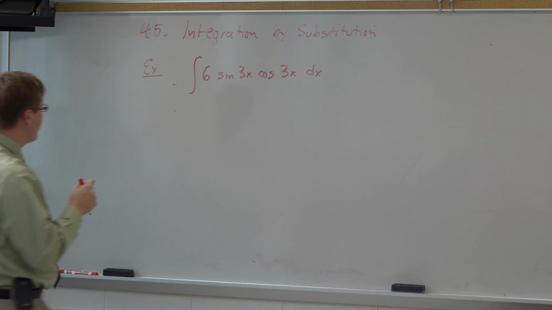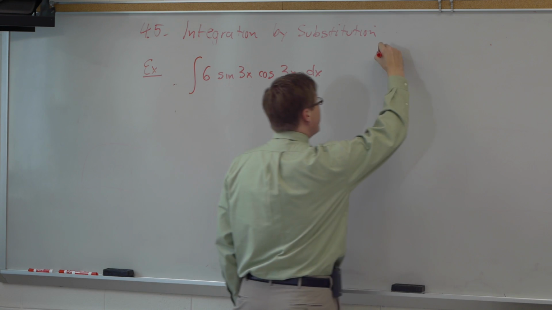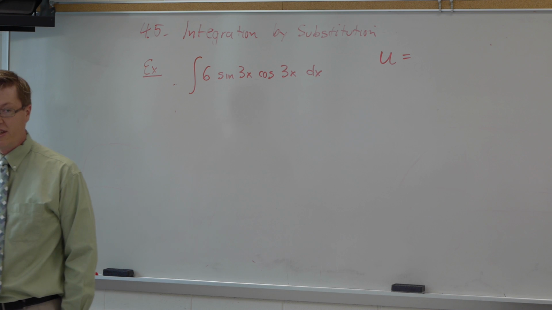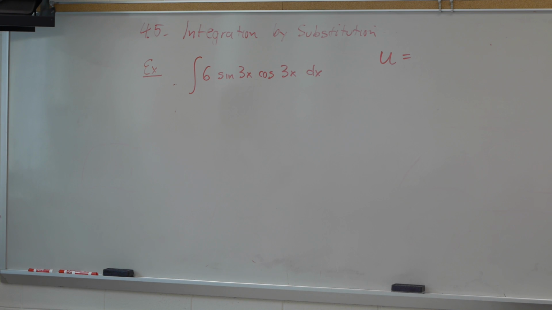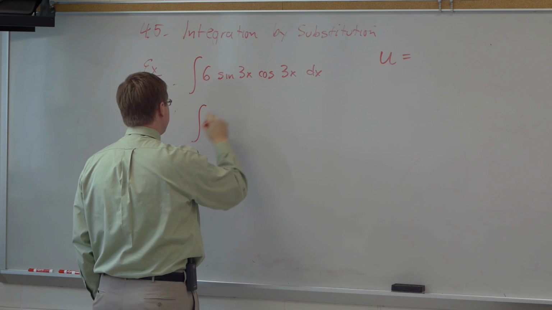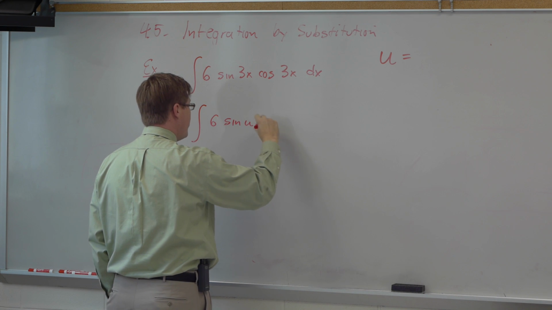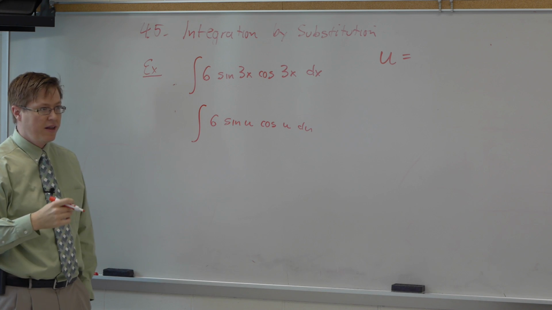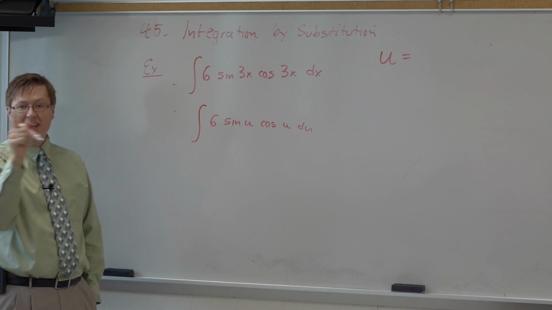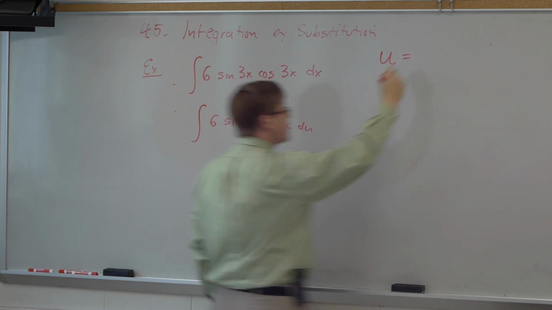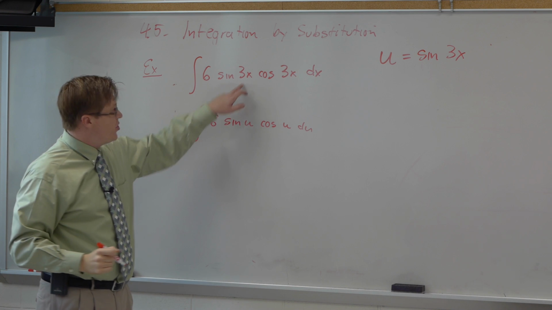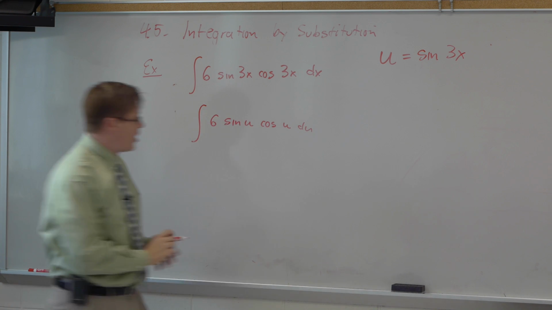But instead of looking for that, I want to look for something that I can call u. 3x. I could start with 3x. If I did that, it would turn this basically into sine u, cosine u, something like that. Sine 3x. Let's make it sine of 3x.